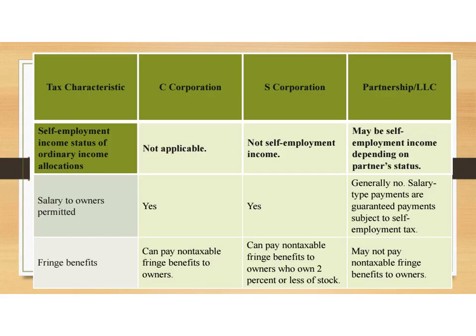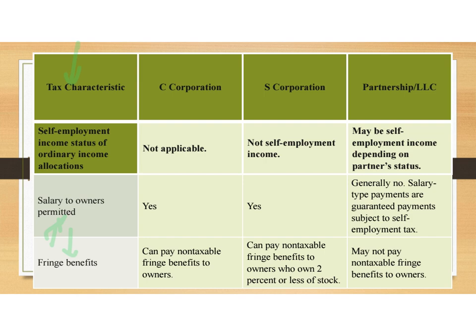Now we're going to go to the next category of material, and this has to do with the differences between self-employment income, salaries, and fringe benefits. Let's talk about self-employment income first, because this is a big difference between S corporations and partnerships.